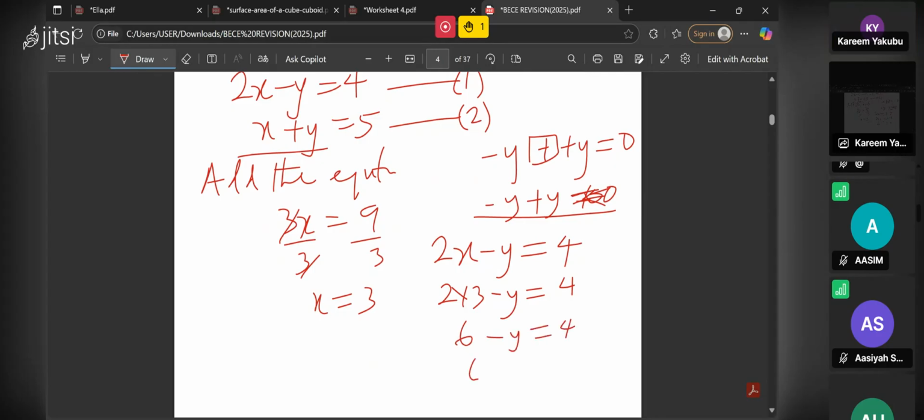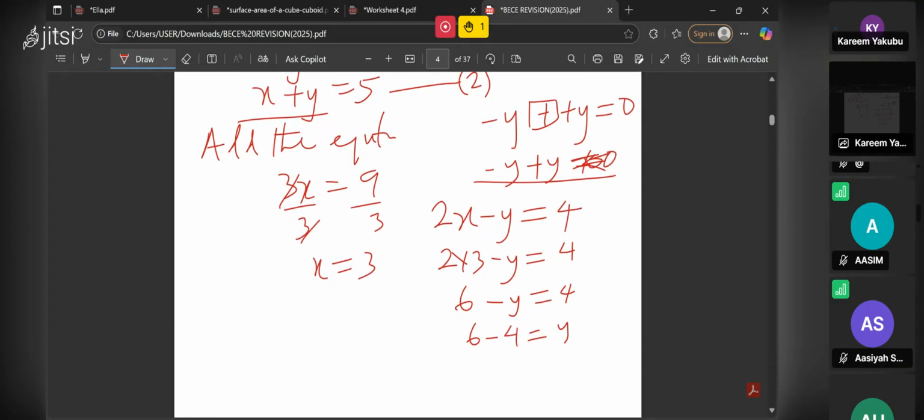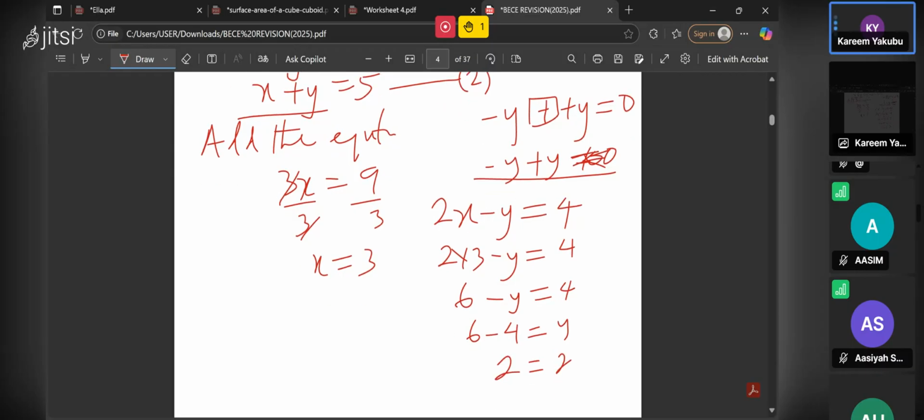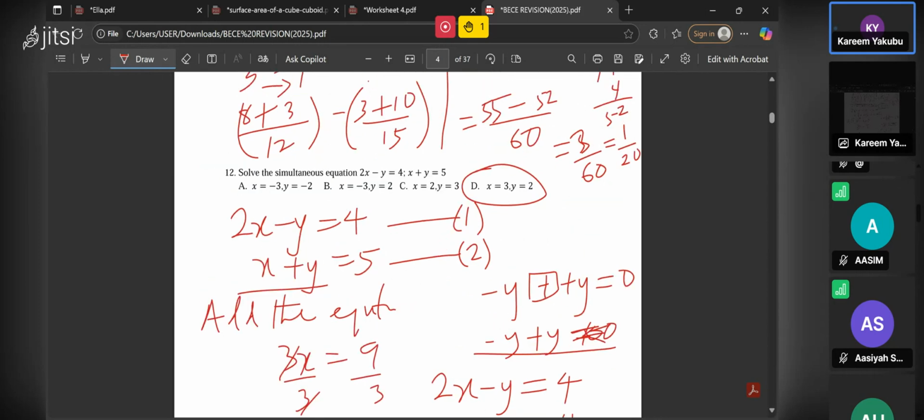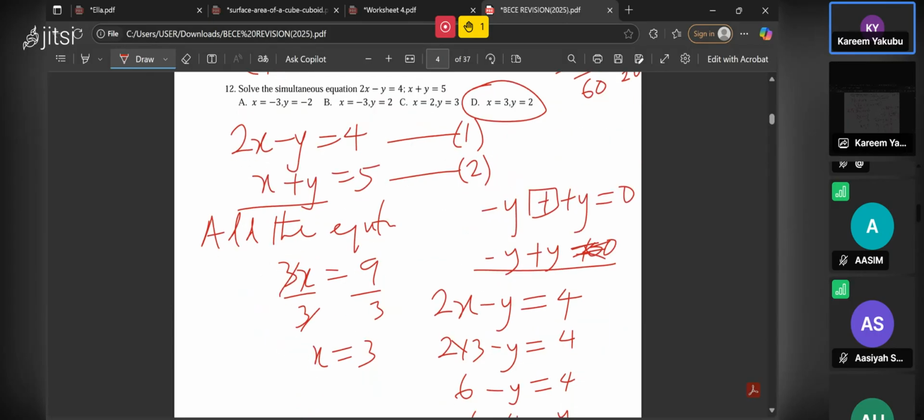That means 6 minus 4 equals y. Therefore, y equals 2. You can see that we are correct. So instead of going through the stress of doing it again, since you have seen the only answer that has x equals 3, we can move on now.